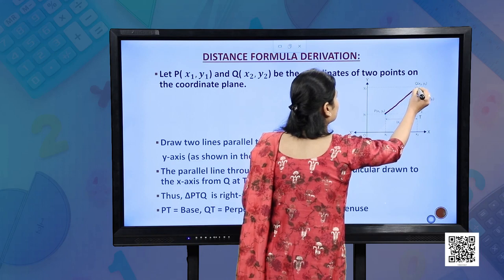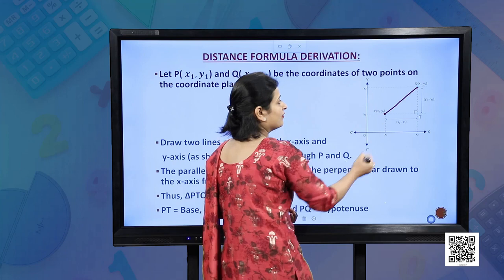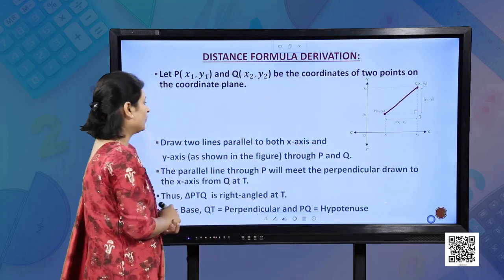For this, just take point P as (x1, y1) and point Q as (x2, y2).